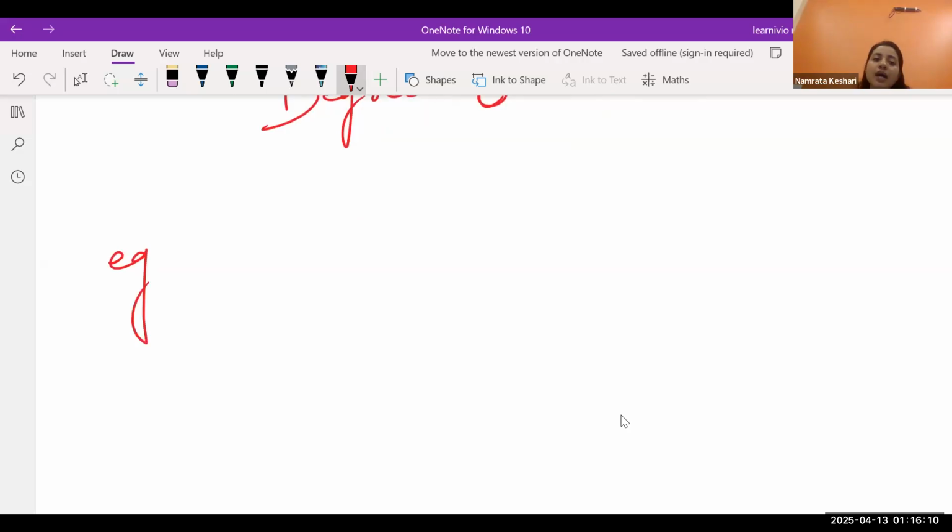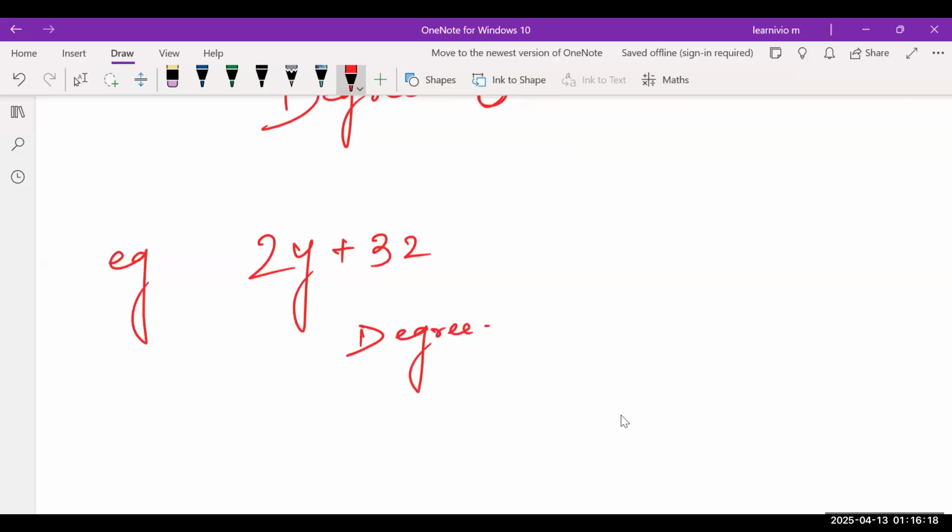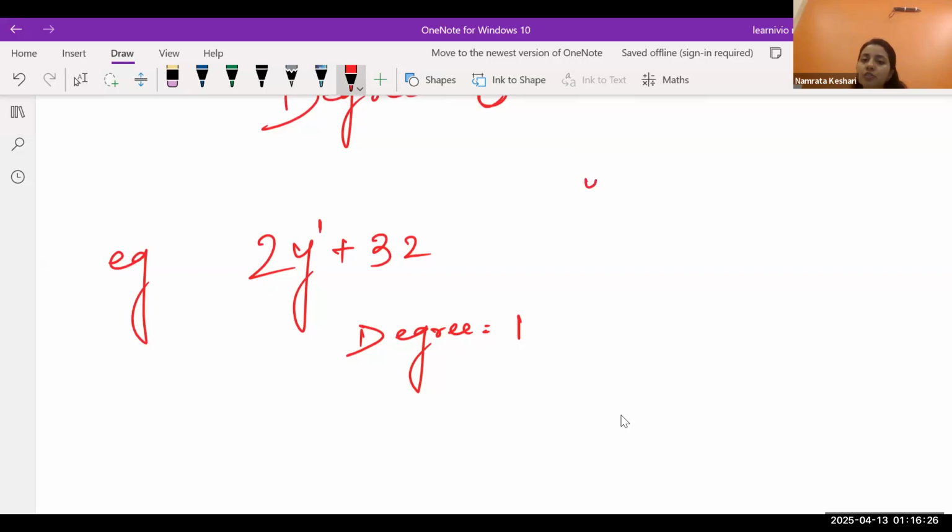In case we have 2y plus 32, now you tell me what will be the degree. 1. Degree is 1 because this y has exponent 1. We must understand that y square means y into y. y cube means y into y into y.